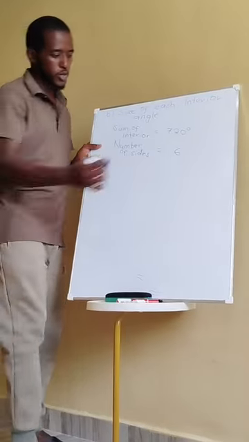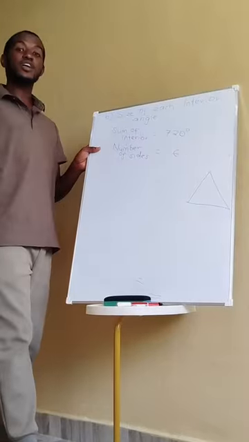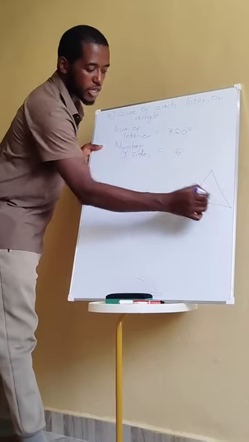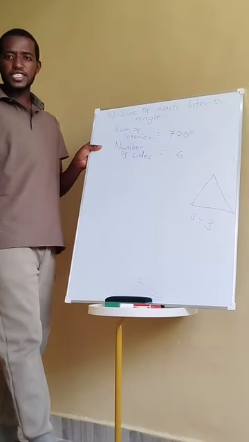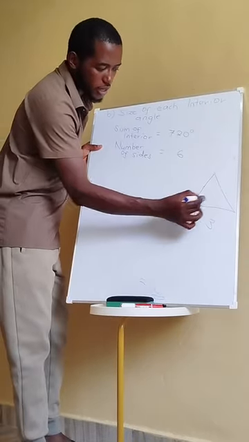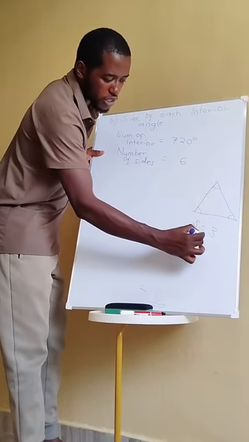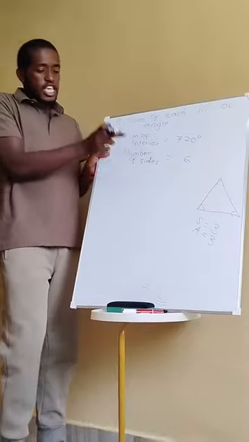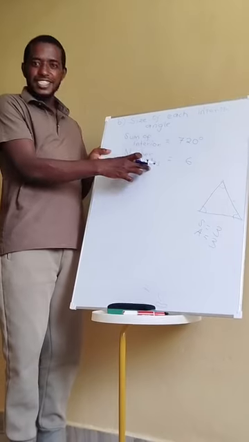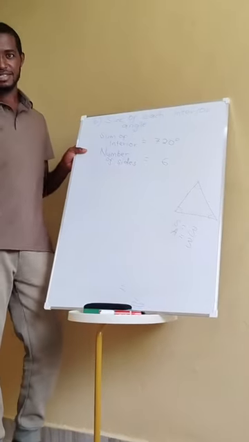Now let me take you back here. If this is a triangle, it has how many sides? 1, 2, 3. So the number of sides is 3. A triangle has how many interior angles? It has 1, 2, 3 interior angles. So the angles also are 3, the same as the sides. If a polygon has 6 sides, therefore the number of interior angles is 6.